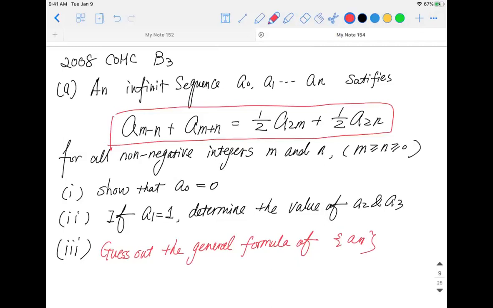Yeah, I see somebody has the right answer. This is a recurrence formula, right? A recurrence formula reveals the relationship between any two terms or three terms or four terms, whatever. Well, the general formula gives you the relationship between AN and N, right? So this is a recurrence formula.